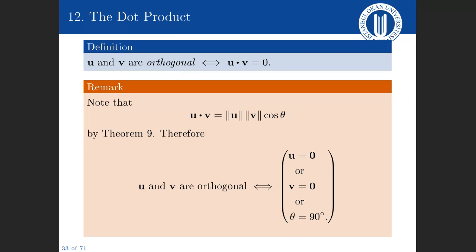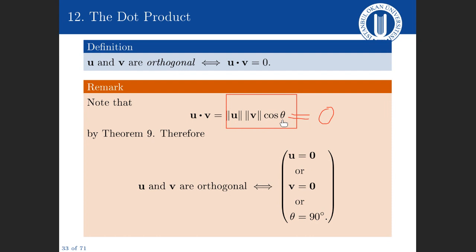What does this tell us? This tells us that u and v are orthogonal if and only if this number is equal to 0. How can we make this number 0? Either the norm of u is 0, in other words, u is the 0 vector, or the norm of v is 0, in other words, v is the 0 vector, or cos theta is 0.